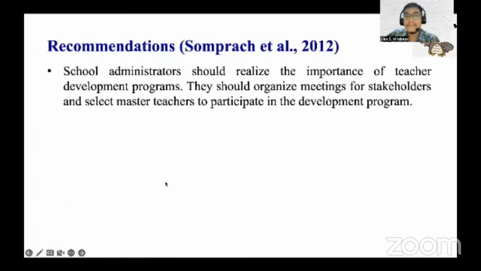For the recommendations, it's about the role of the administrators in realizing the importance of teacher development programs. They should organize meetings for stakeholders and select master teachers to participate in the development program. It's important that we have in-service training for teachers so that they will revisit their thinking.